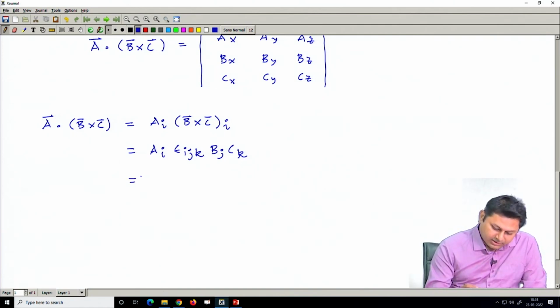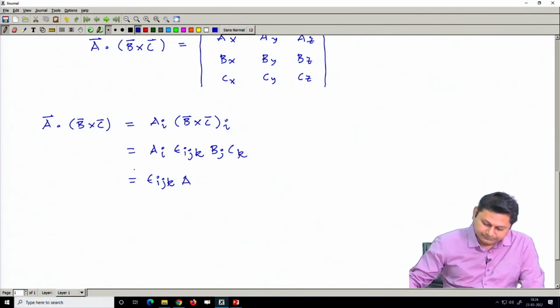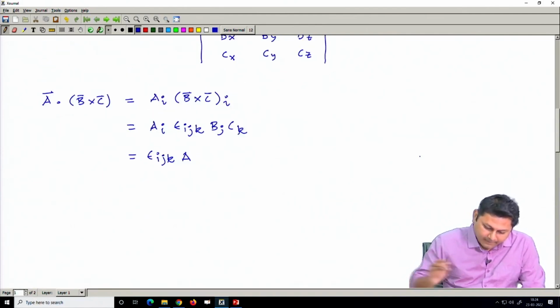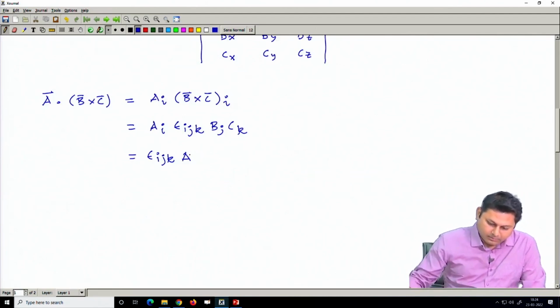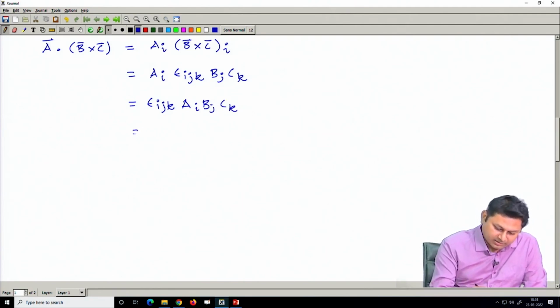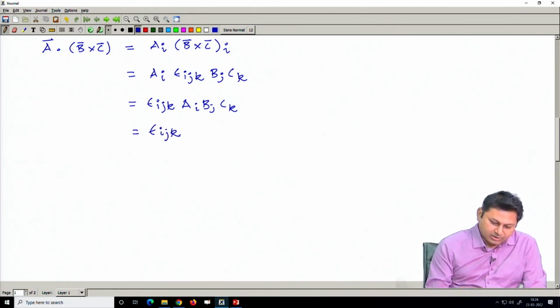Now I manipulate this. I write epsilon_ijk because I am now dealing with the components, and I put this a_i inside, then b_j and c_k. The next thing is I rearrange a few things.